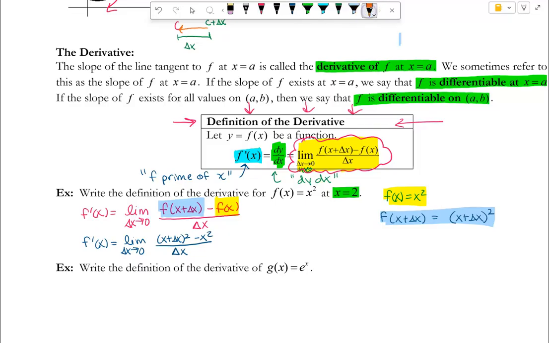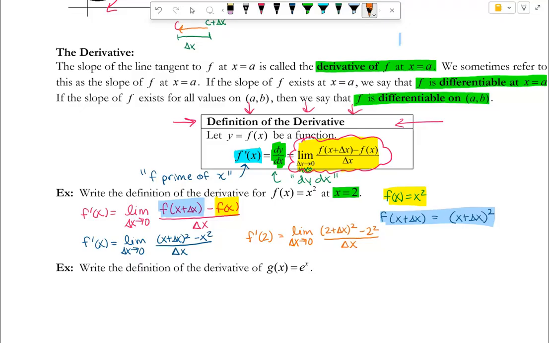So if I'm finding my derivative f prime of x when x equals 2, I could say that I'm finding f prime of 2. And this will be the limit as delta x approaches 0 of 2 plus delta x, that quantity squared, minus 2 squared, all of that over delta x.